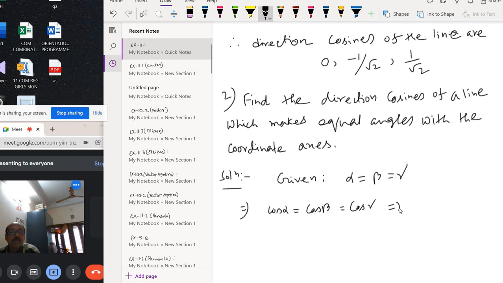So this means L equal to M equal to N, and we know L square plus M square plus N square equal to 1.